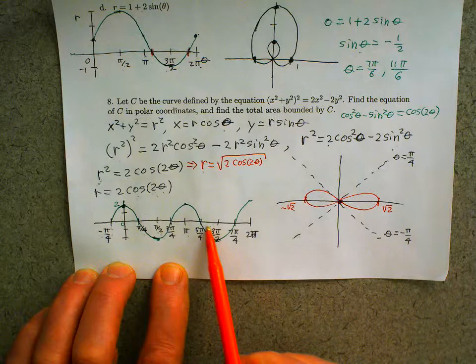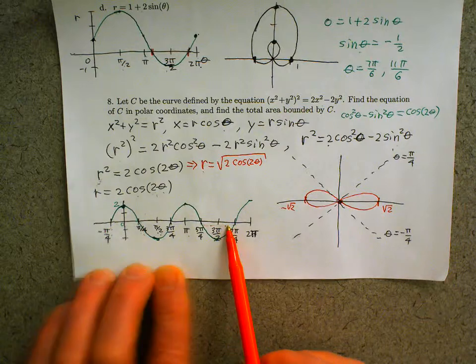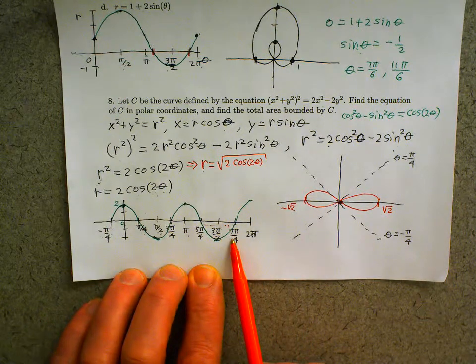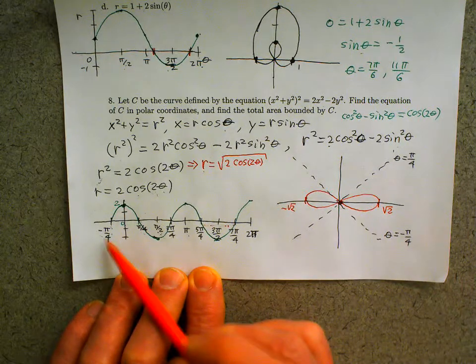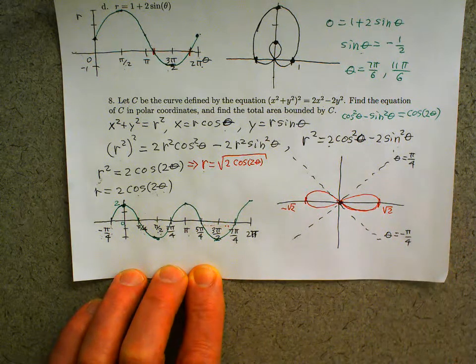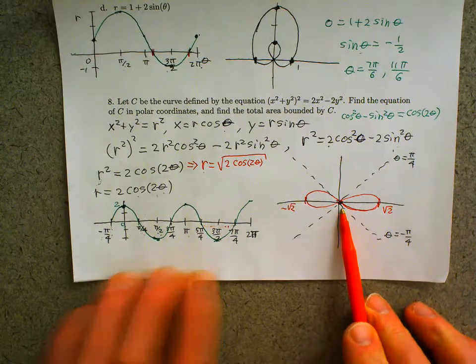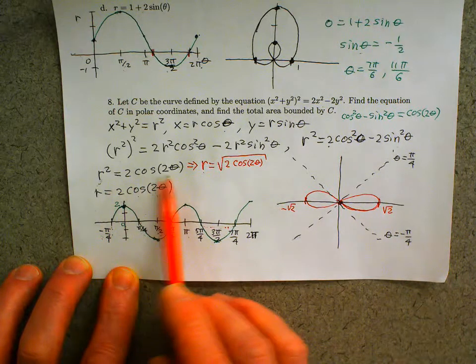Then for the negative values, we can't include anything else on the graph. And then from 7 pi over 4 to 2 pi is just a retracing of what we did from negative pi over 4 to 0. Okay, so this is the graph of r squared equals 2 times cosine of 2 theta.